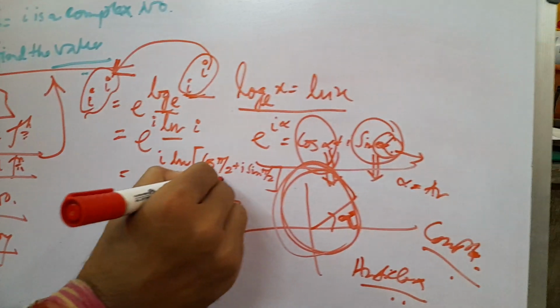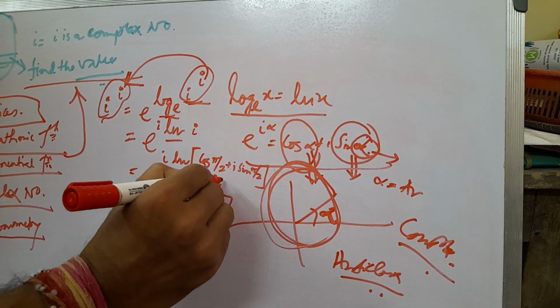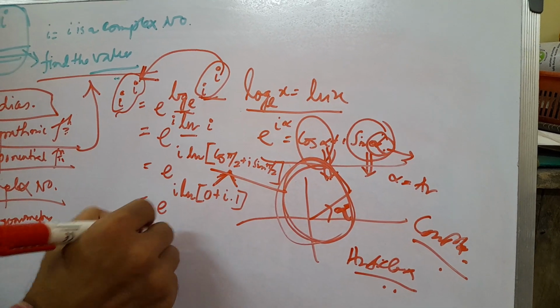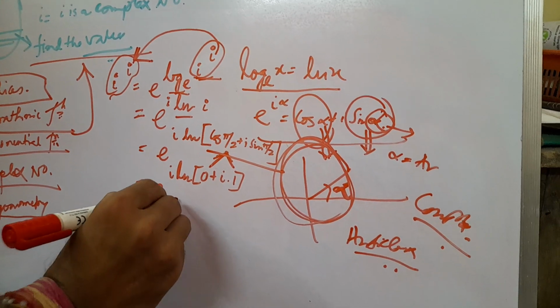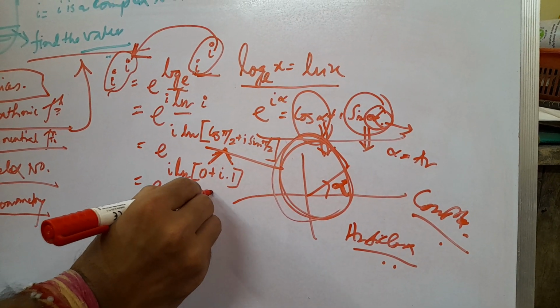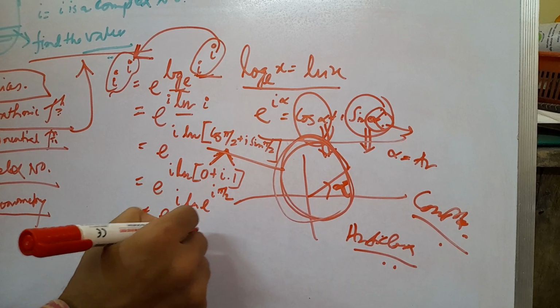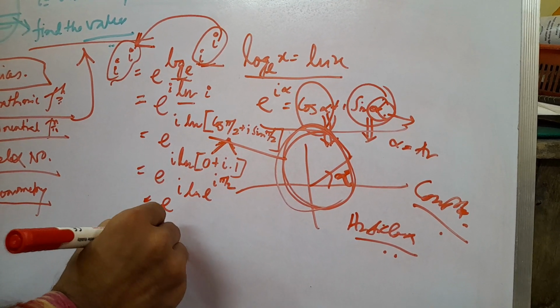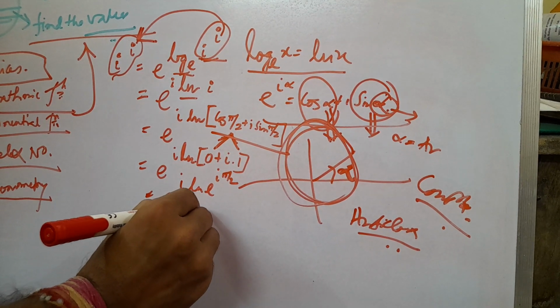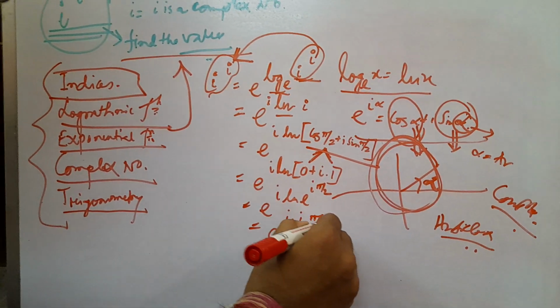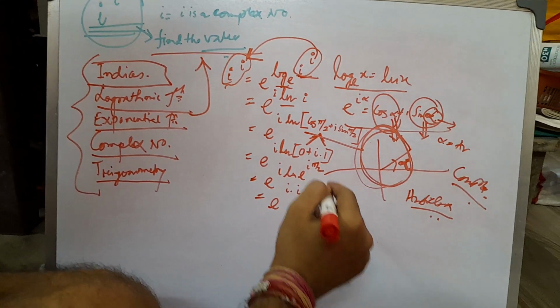So e to the power i ln i becomes e to the power i pi by 2. It is as simple as that.